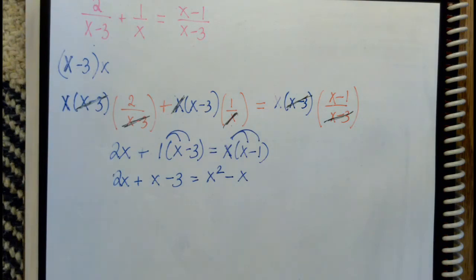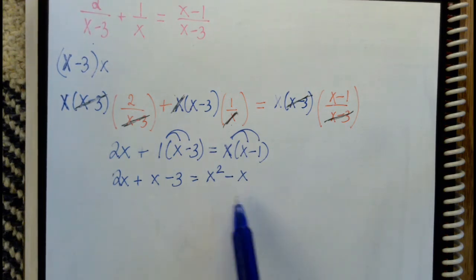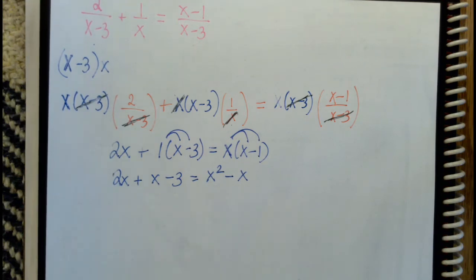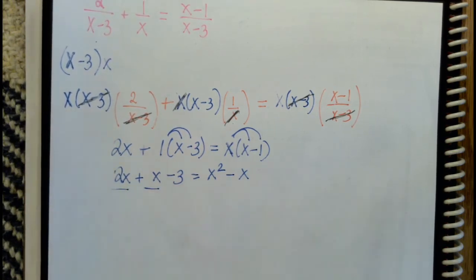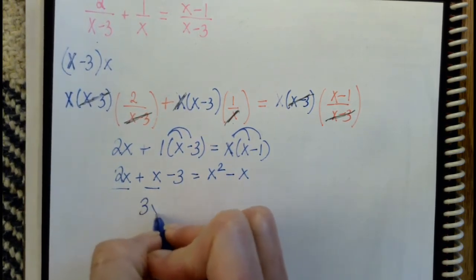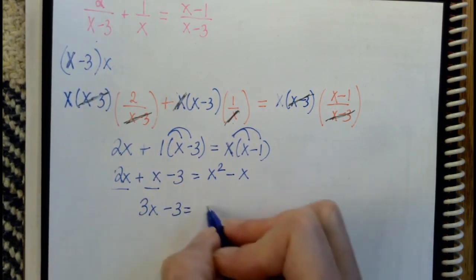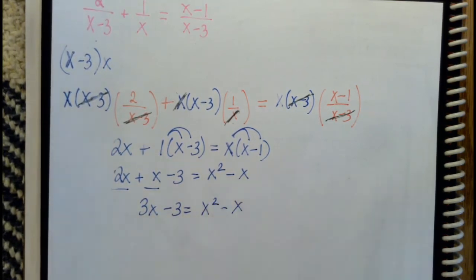So now what we want to do is move everything to the same side of the equation. In fact, I'm going to move everything to the right because the x squared term is positive. Actually, let's combine like terms even before we get there. 2x plus 1x is 3x minus 3 equals x squared minus x.